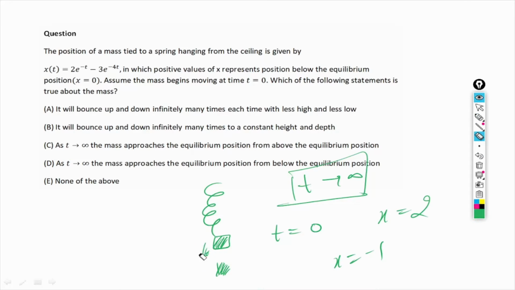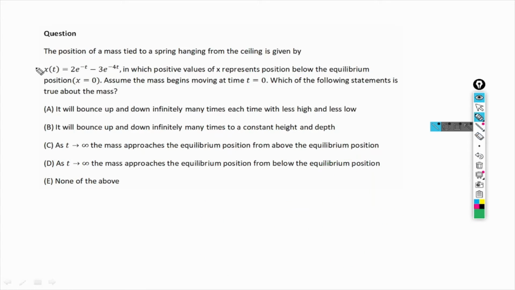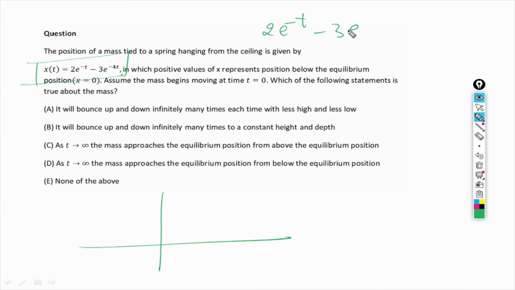So now assume that the mass begins moving at t equals 0, then which of the following statements about the mass is true? Let's try to plot this graph, because this function tells us about the position of the mass. So let's find the zeros of this function by putting this function equal to 0.